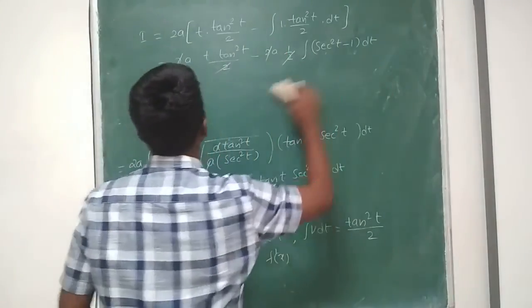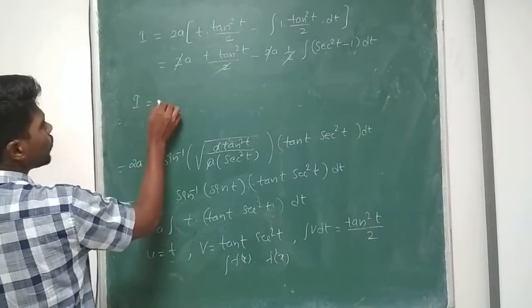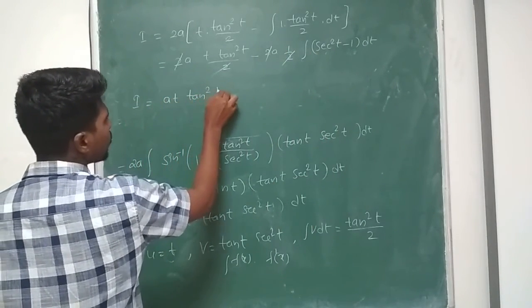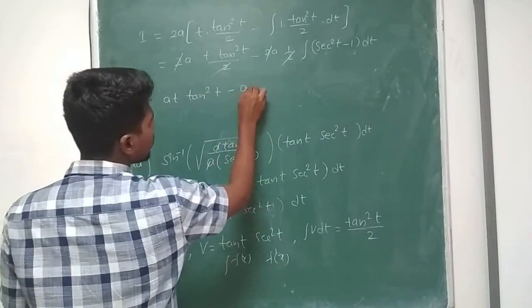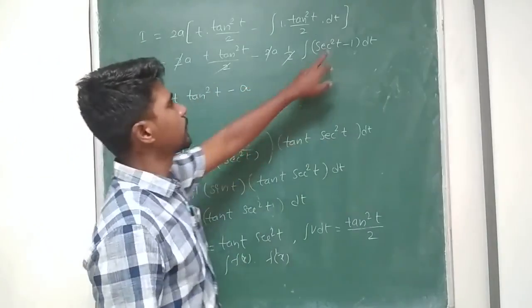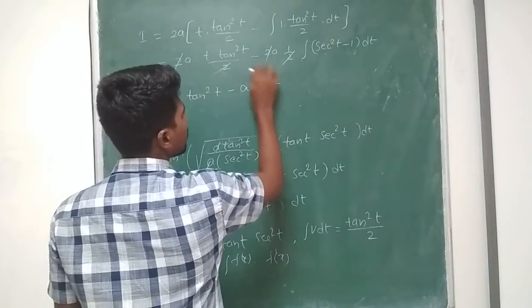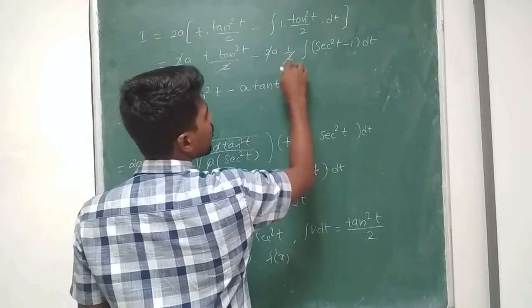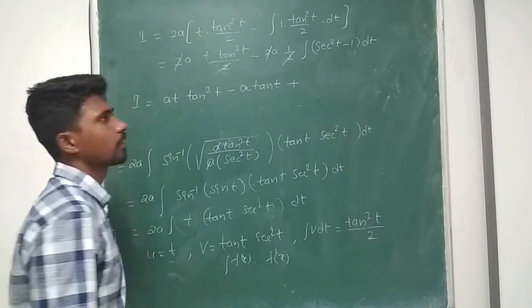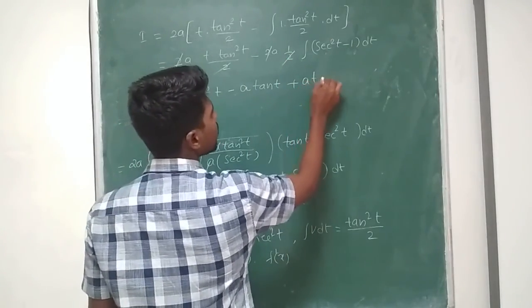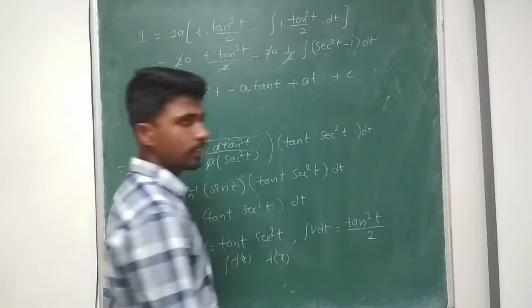My answer I is equal to a t tan square t minus a integral of secant square t, which is nothing but tan t. Minus into minus plus integral of 1, which is nothing but t. So I get a t plus a constant c.